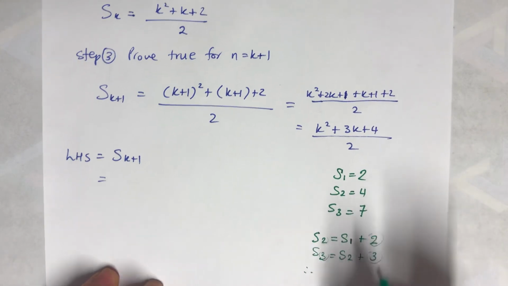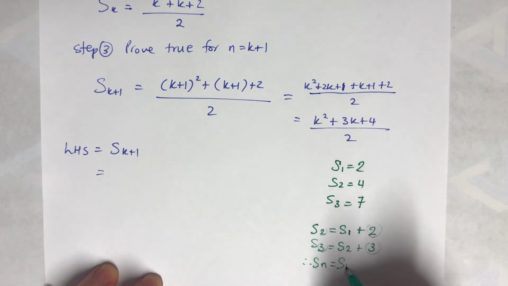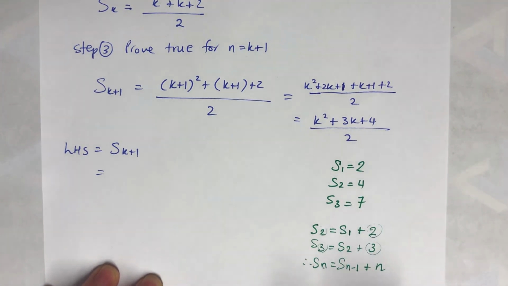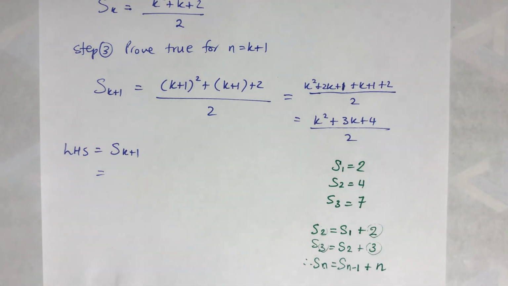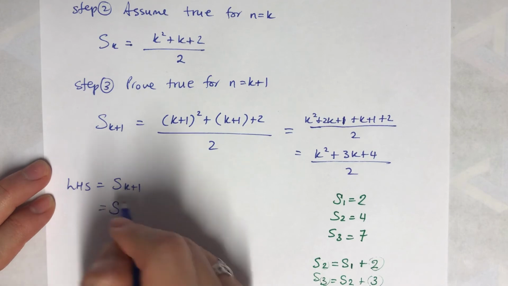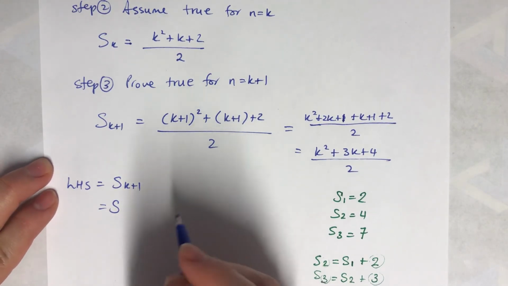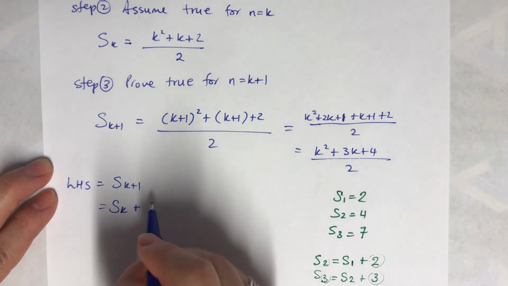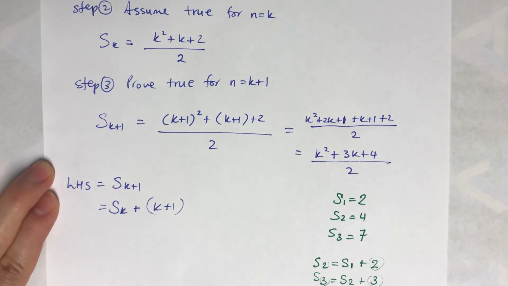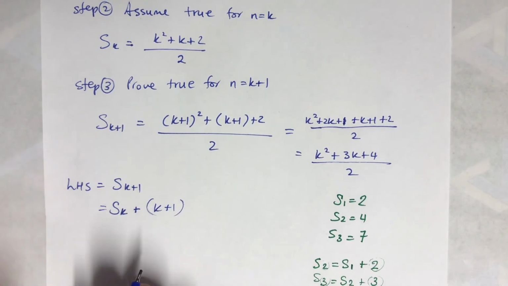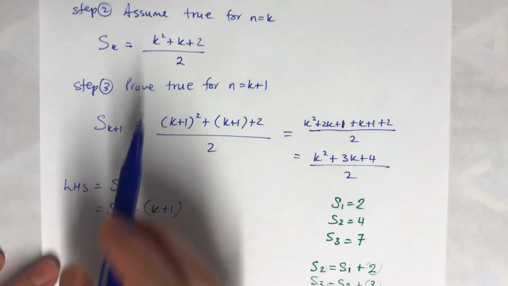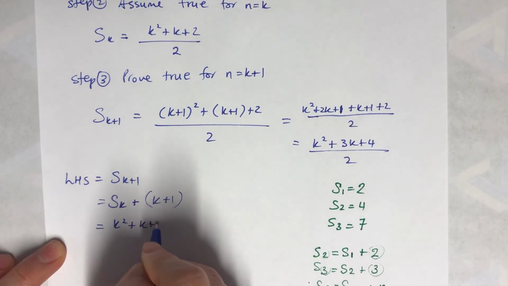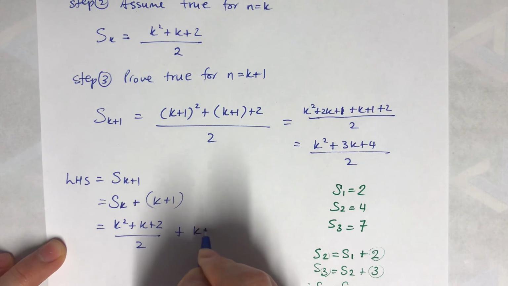So I can say Sn is S(n-1), the previous one, plus n. I'm going to use that here. What's the previous from k plus 1? It's k. So S(k+1) equals Sk plus k plus 1. And what's Sk from the second step? I'm going to replace that: k squared plus k plus 2 over 2, plus k plus 1.